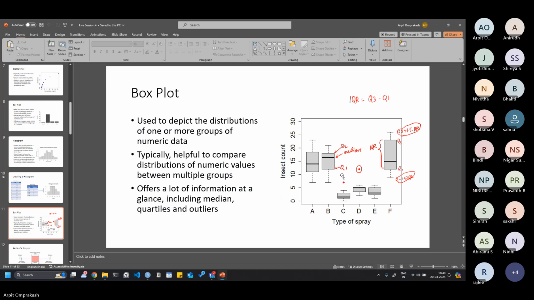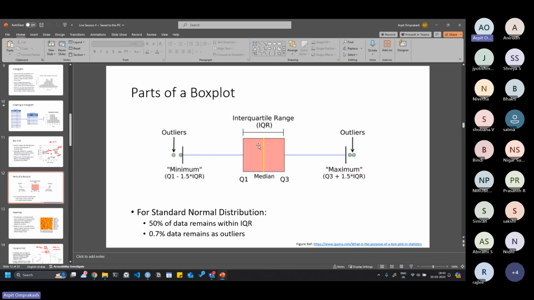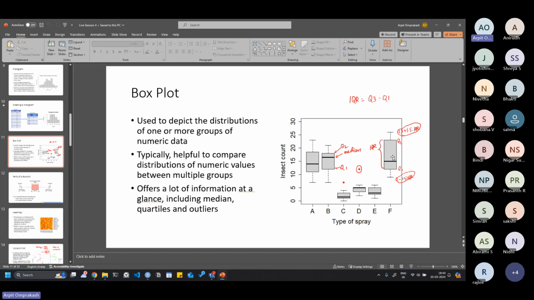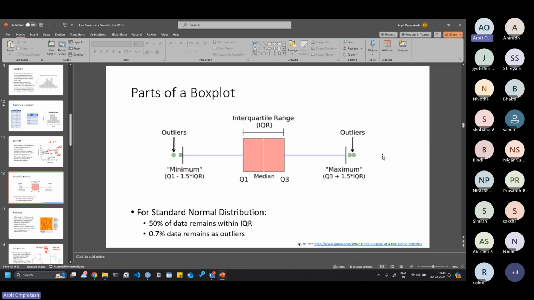We also talked about a box plot, which is basically used to depict the distribution of more than one group of numeric data. Right. So a box plot has the following components. The line in the middle is the median, where the box starts is Q1, where the box ends is Q3.